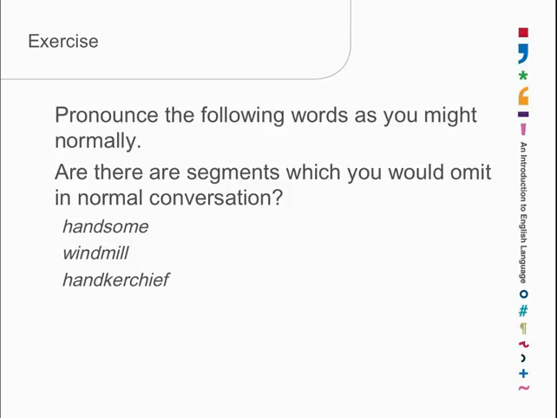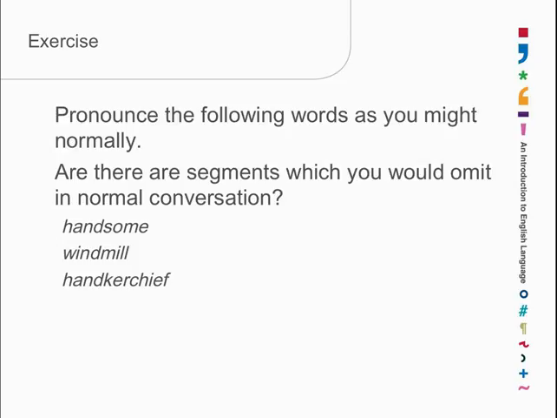Handkerchief becomes handkerchief, first of all by being handkerchief. Then the D disappears, and then the N in handkerchief comes before the K and becomes the NG sound. So some of these processes carry on and create room for other processes.